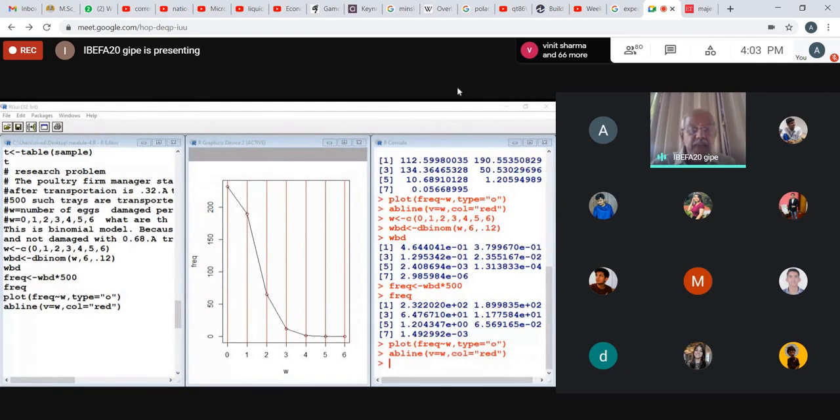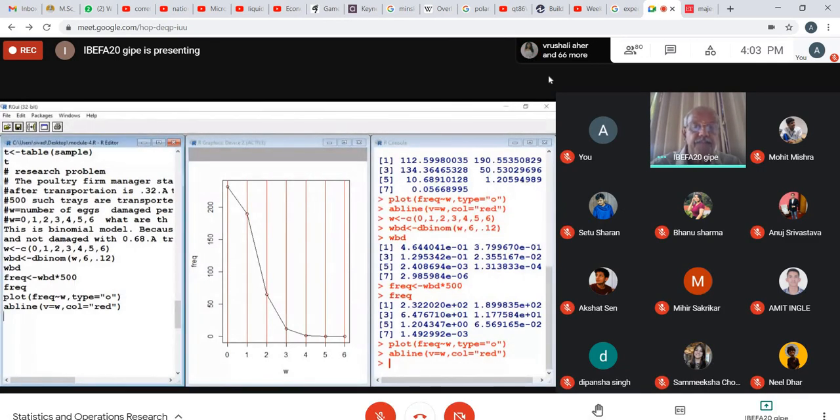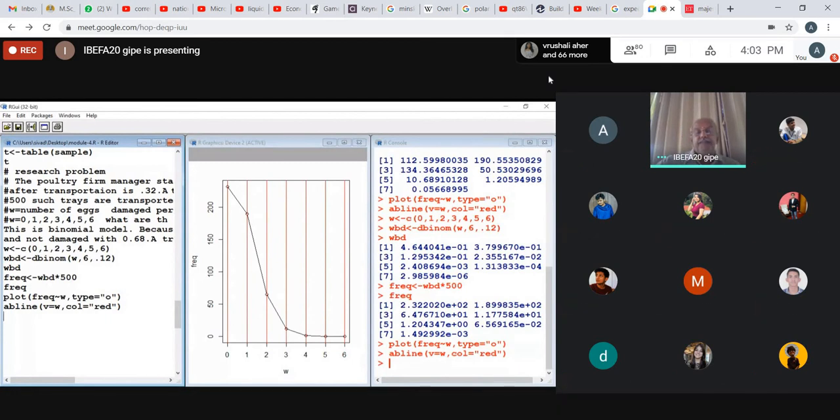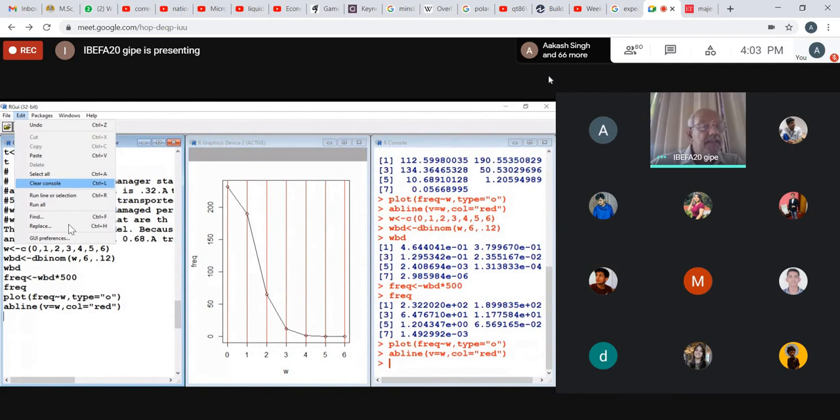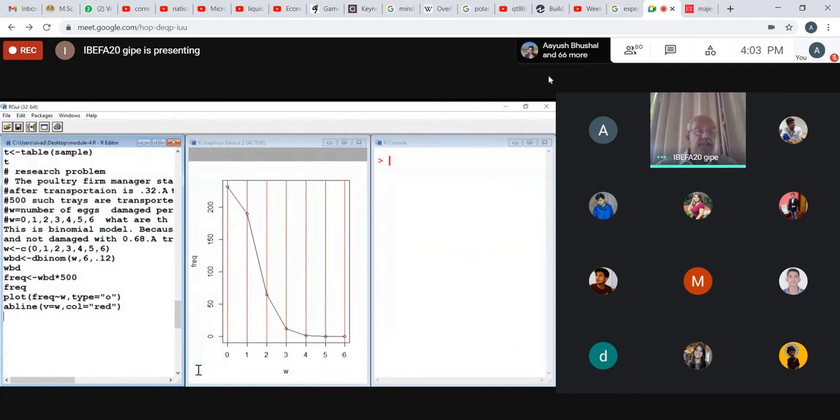In this binomial distribution, I have taken the tray example.